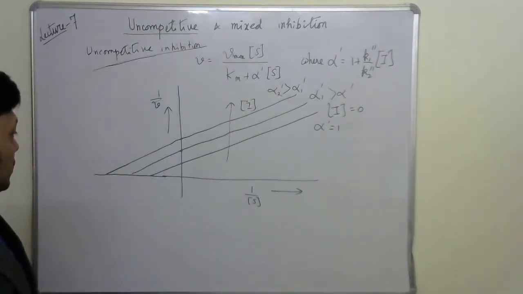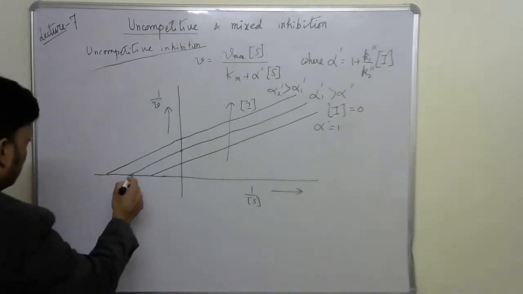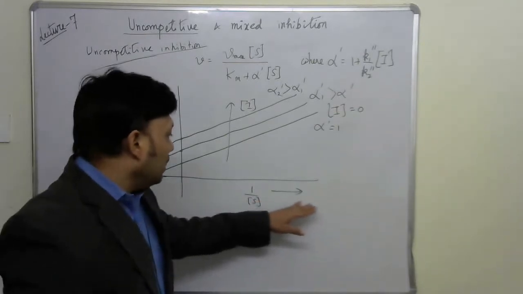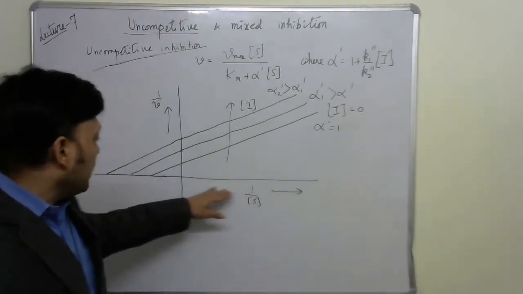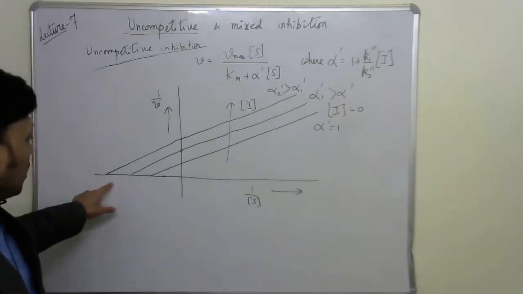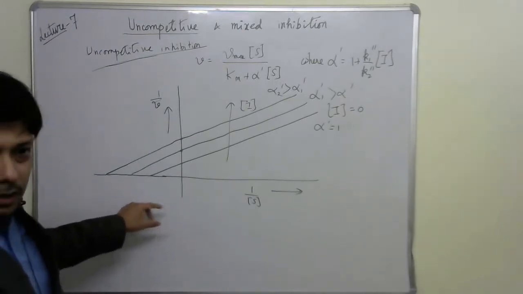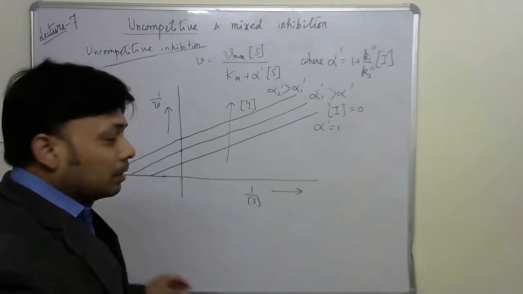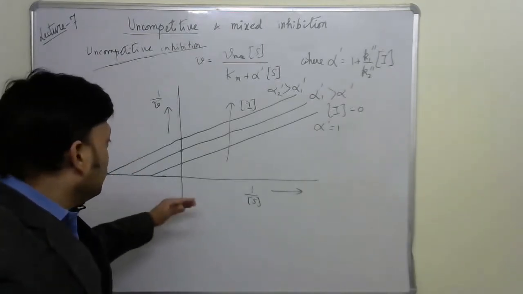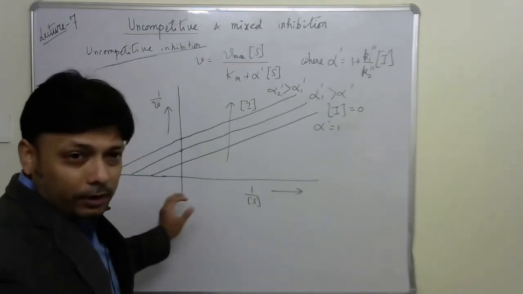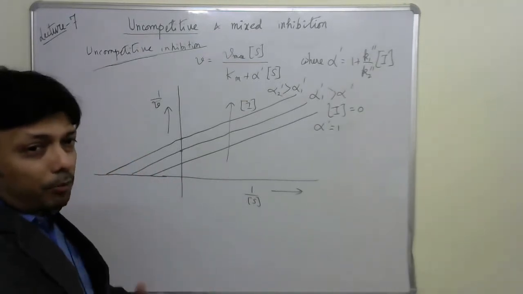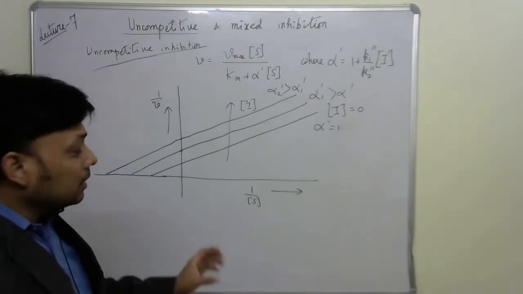Alright. Now interestingly, you see that on the horizontal axis there are some intercepts, and these intercepts are also changing. So what do those intercepts mean? If you have followed correctly, you can probably recognize that this represents the apparent Michaelis constant.